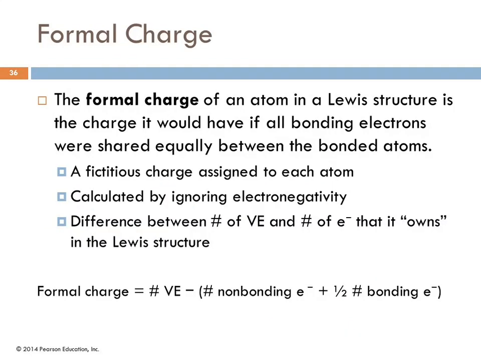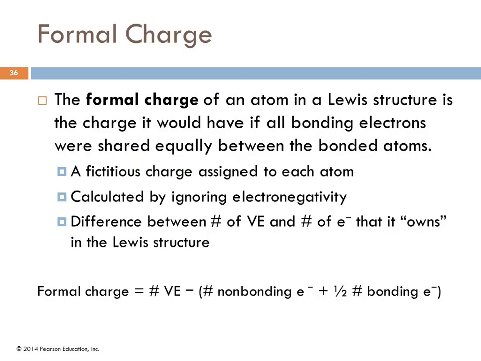This brings us to a concept called formal charge. Formal charges are fictitious. This is a thing that we made up to help us predict the behavior of atoms and electrons in the bond. So the formal charge of an atom in a Lewis structure is the charge it would have if all the bonding electrons were shared equally between the bonded atoms.